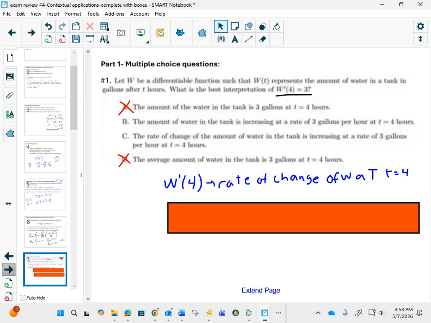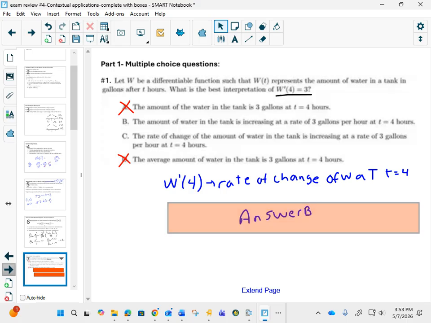Or, the rate of change of the amount of water in the tank is increasing at a rate of 3 gallons per hour. So what's increasing? Is the water increasing, or is the rate of change of the water increasing?